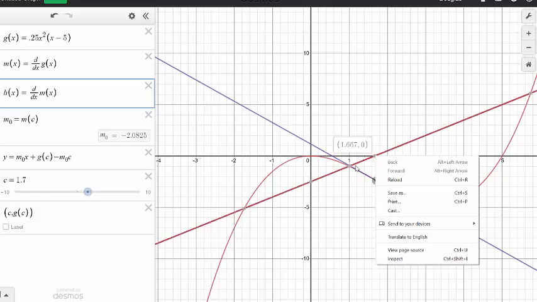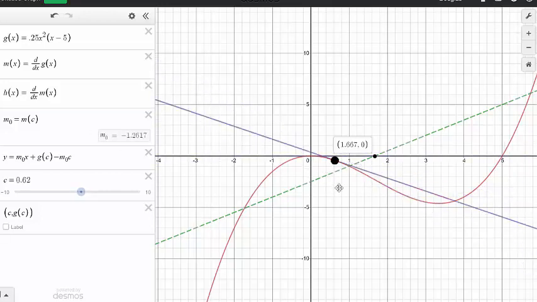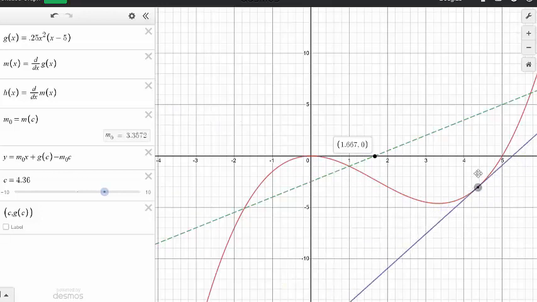And so note that this inflection point corresponds with when this graph right here becomes 0. And so you can see right there, 1.667, and it comes straight down. X equals 1.667. That would be our inflection point. That is the point where the graph switches from being concave down to becoming concave up.